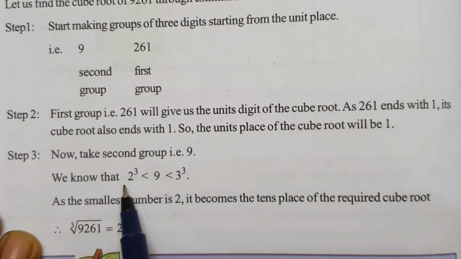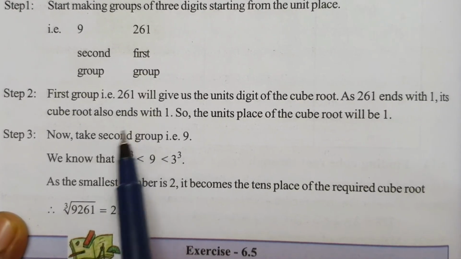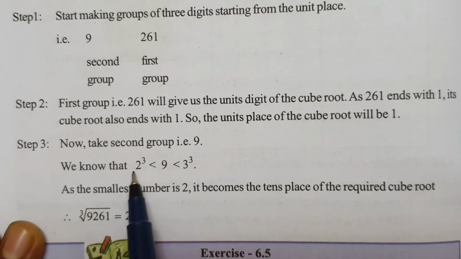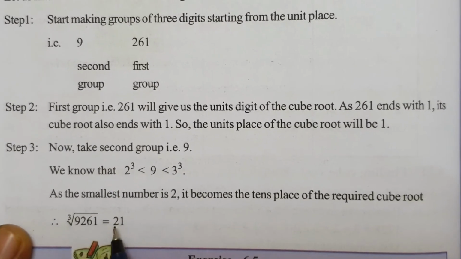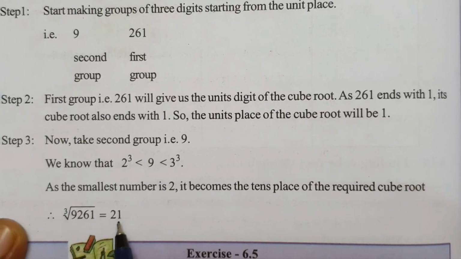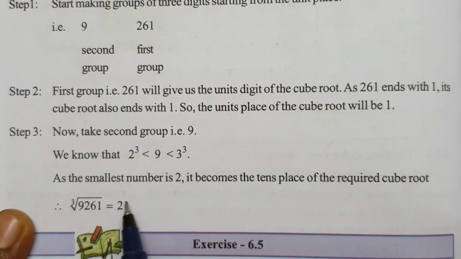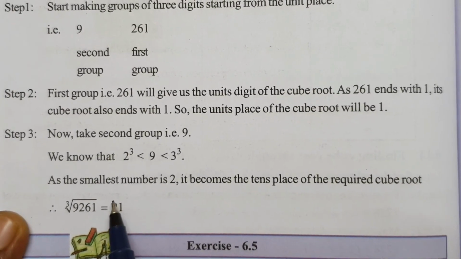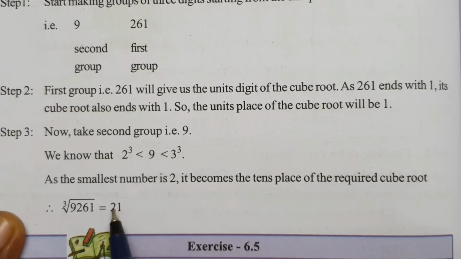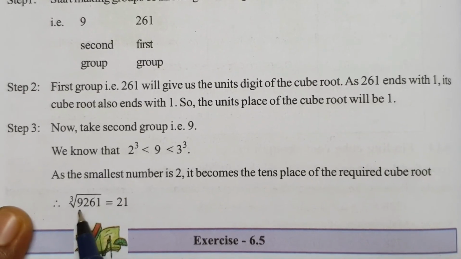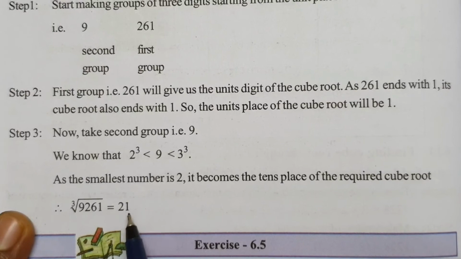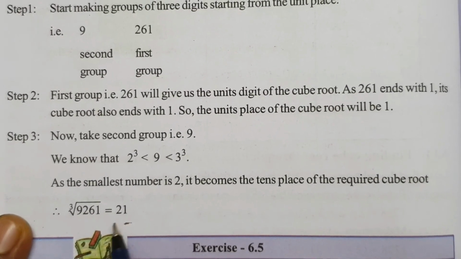So the tens digit is 2 and the ones digit is 1, which gives 21. This is the estimating method of finding a cube root. The cube root of 9261 equals 21. How is it understood?